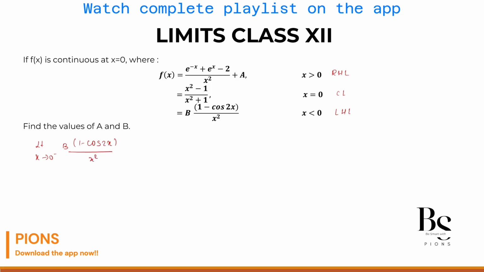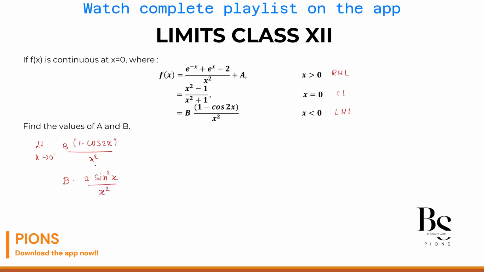Be very careful, if it is 1 minus cos 2x divided by x, then you have to worry a little. If it is x square, direct guess is half angle formula. So it will be b into 1 minus cos 2x, that is 2 sin square x, whole divided by x square.